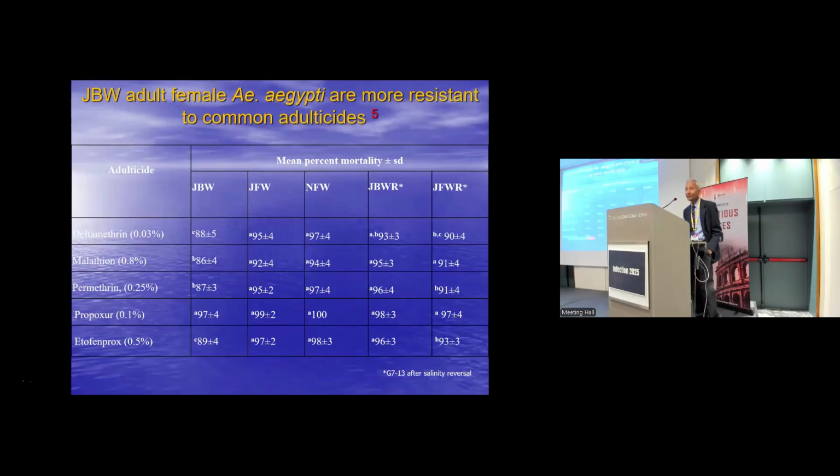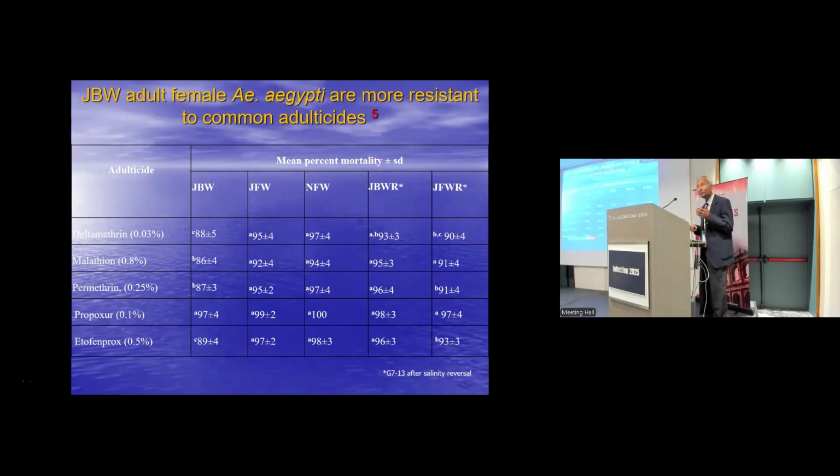And here's the other important factor: these changes in cuticle are associated with changes in sensitivity to pyrethroid and organophosphate insecticides. There are a variety of pyrethroids and so on. They actually move the mosquitoes that develop in brackish water to the resistant category, whereas in freshwater they are either susceptible or possibly resistant.